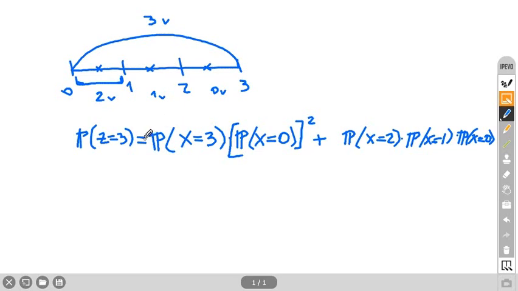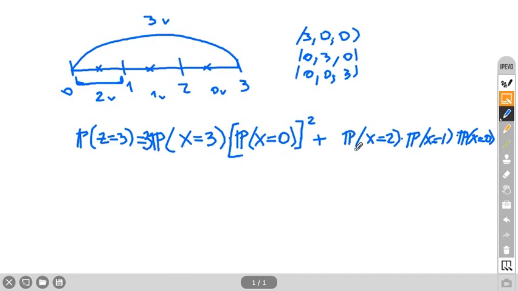So I need to multiply by 3 because we can have this kind of pattern: 3 views for the first hour, 0 views for the second hour, then 0 views for the third hour, or 0, 3, 0, or 0, 0, 3. And the probability of each of these patterns is given by this product.